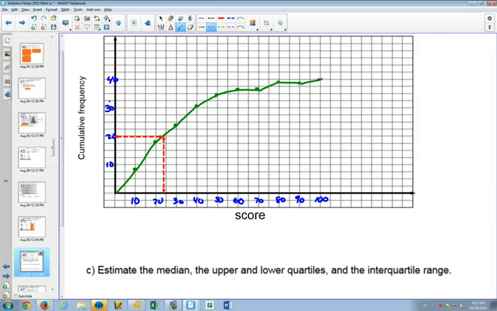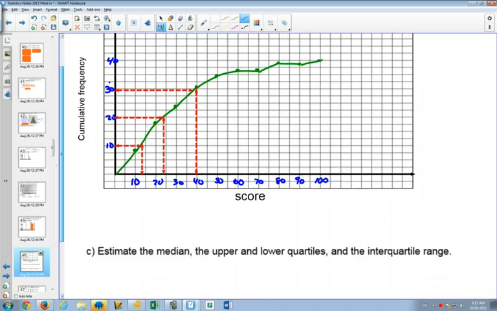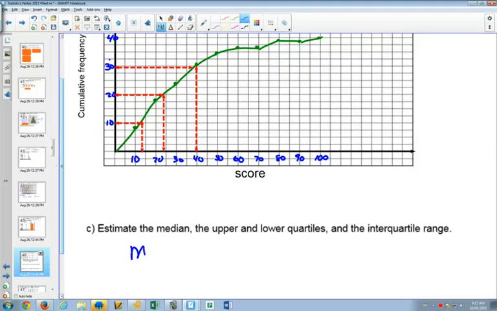Quartile 1 would be at 10. Quartile 3 would be at 30. So our median estimate, mine looks like at about 24.